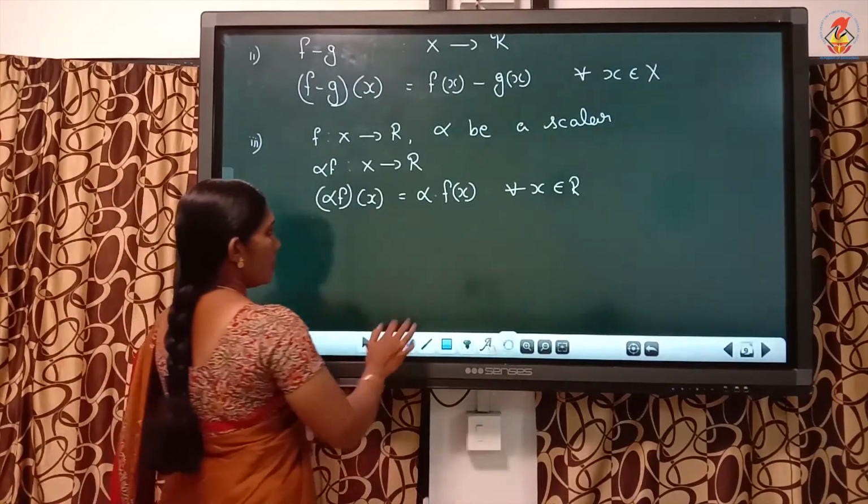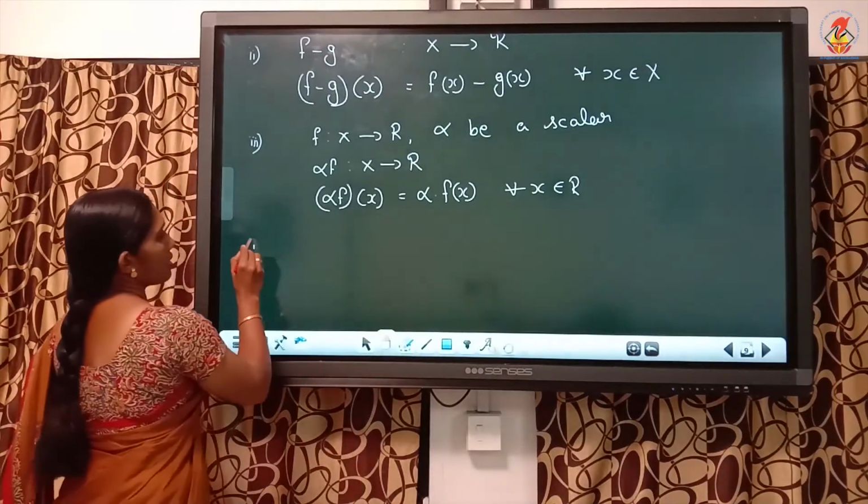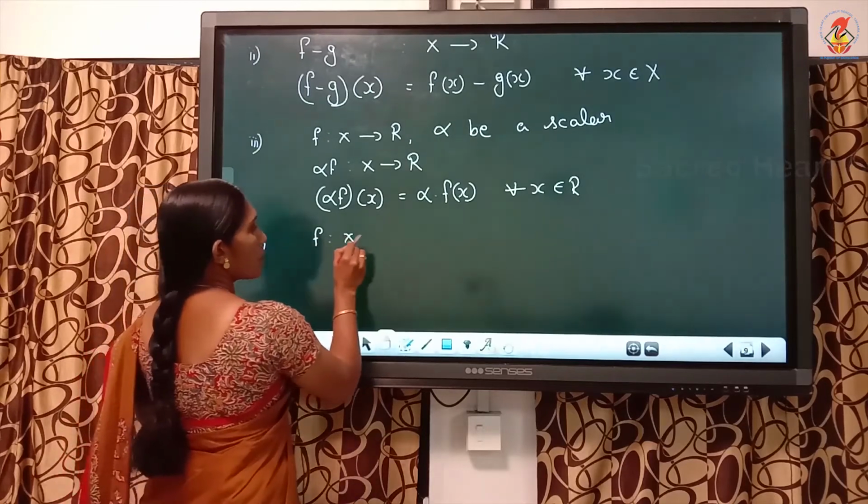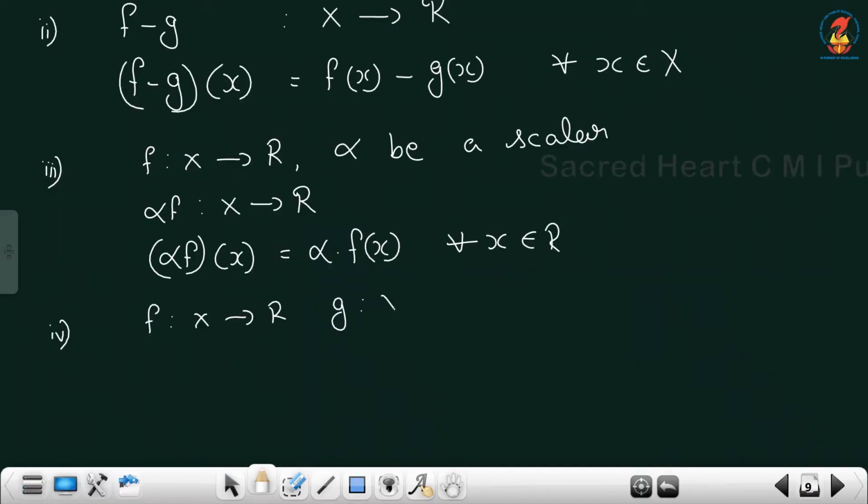Now multiplication of two real functions. f is a function from X to R, g is a function from X to R. Then we can define f into g.